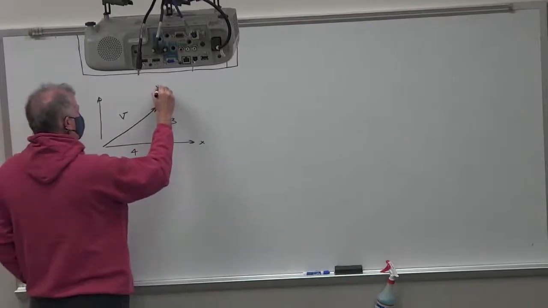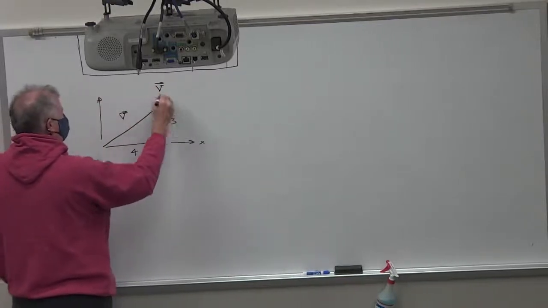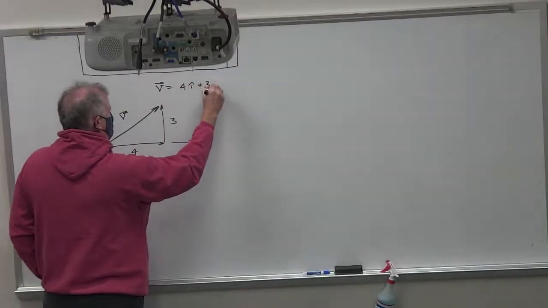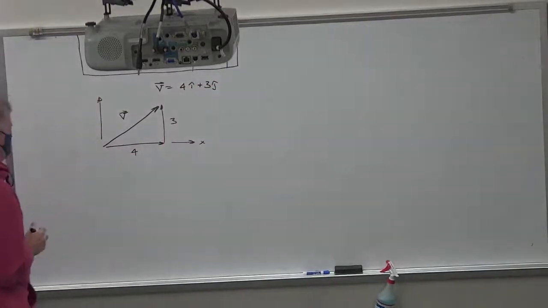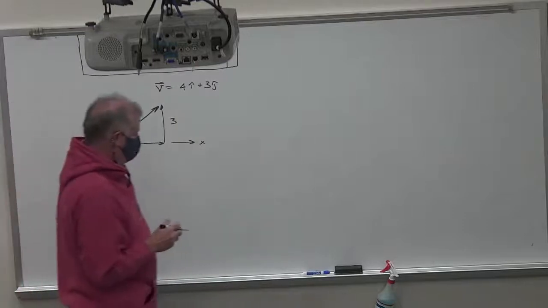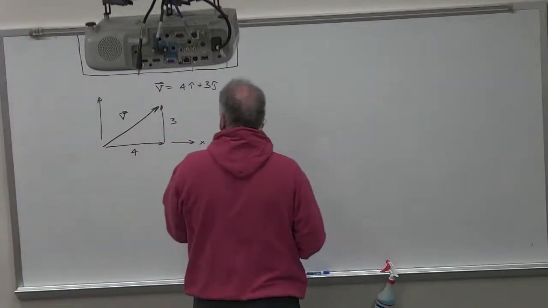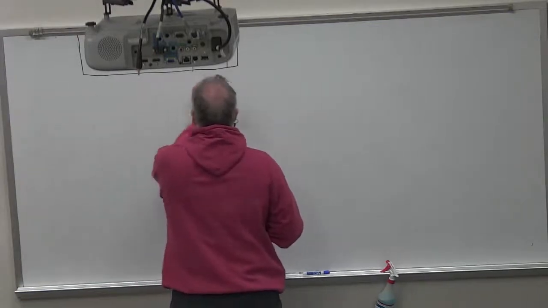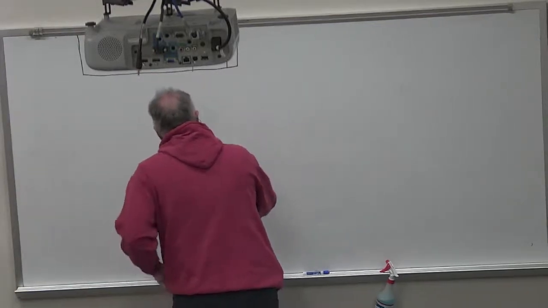So you can represent v as 4i plus 3j. Or maybe I'll address it a different way. I don't want to confuse the issue, so I'll do it this way.